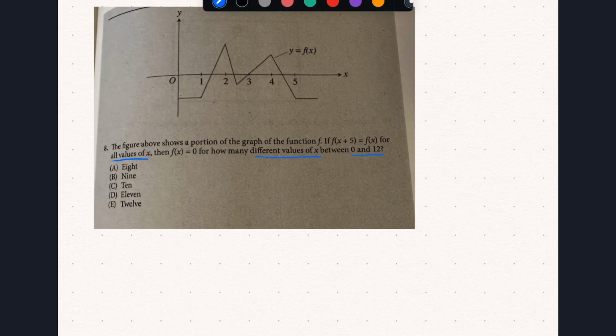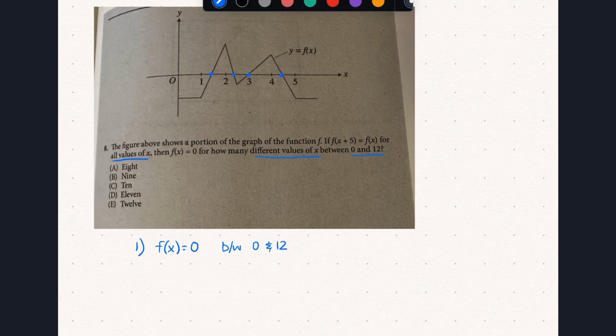So first of all, the first thing we want to figure out is, what is the question actually asking us? It's asking us how many different values of x exist such that f of x equals 0 between 0 and 12. So when does f of x equal 0? f of x equals 0 when the function crosses the x-axis.